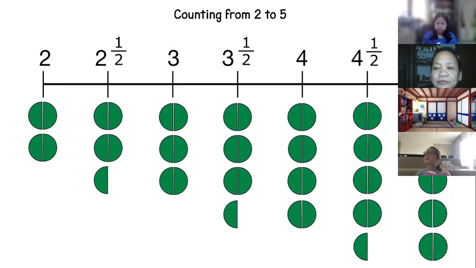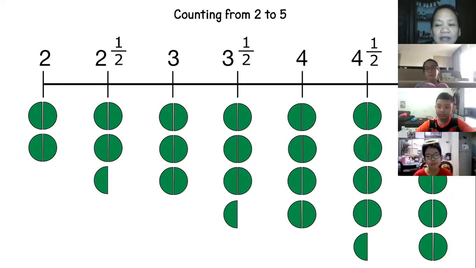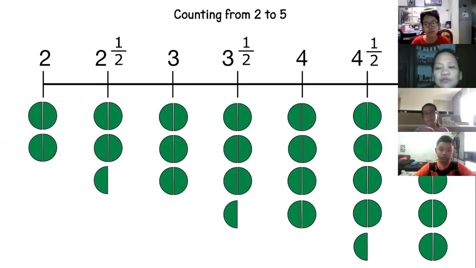Proper fraction, improper fraction, and what? Mixed fraction. That is proper fraction, improper fraction, and mixed fraction or numbers. Now we have to study this about the 3. The first one is counting from 2 to 5.